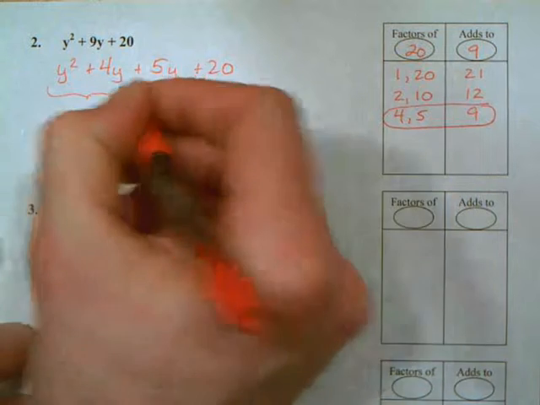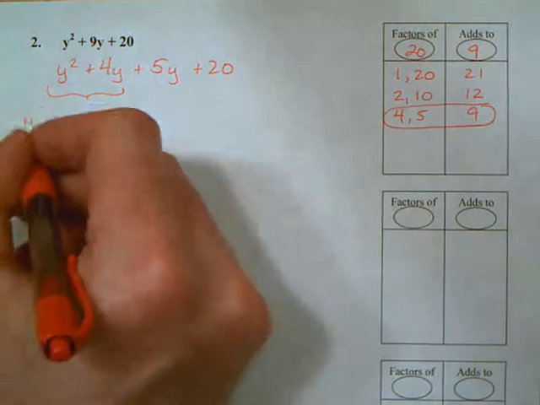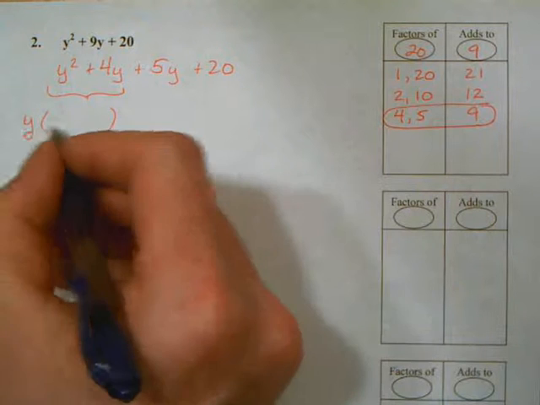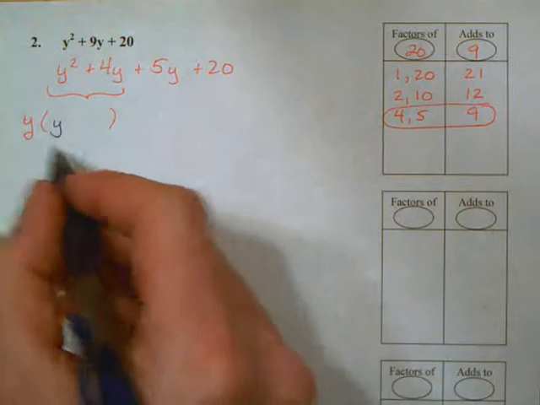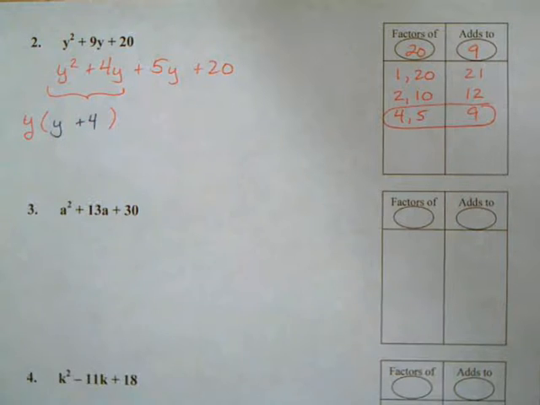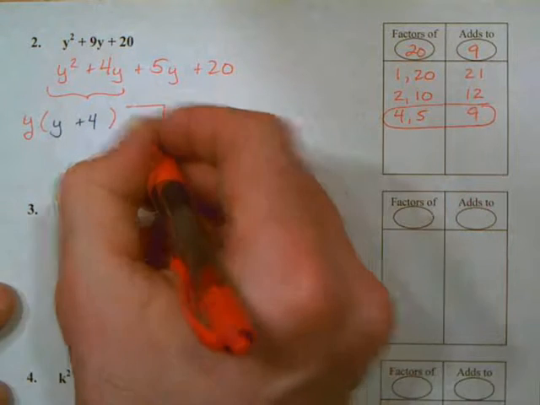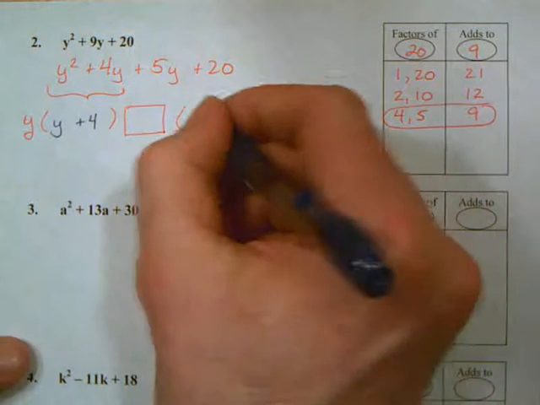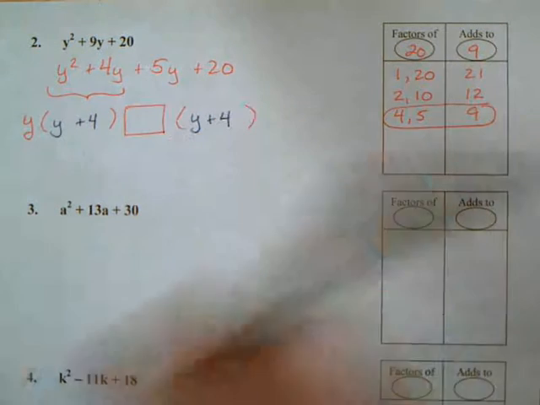So I'm going to replace the 9y with 4y and 5y. I look at my first two terms and find my GCF. That GCF is just a y. Now I say to myself, y times y is y squared, and y times 4 is 4y.